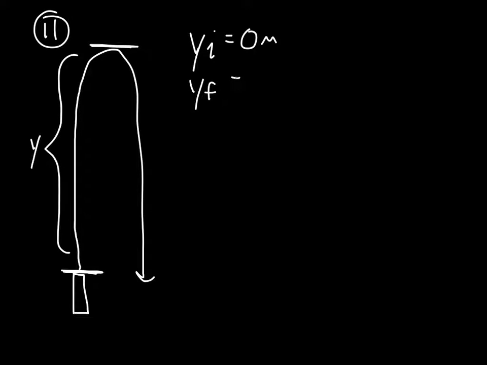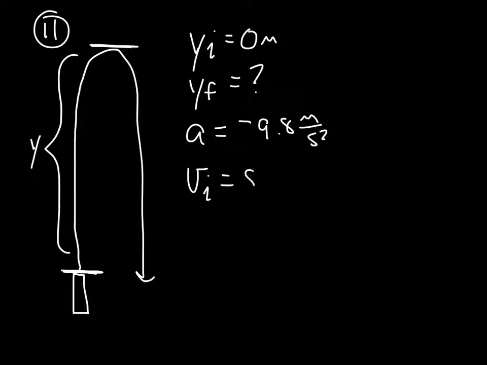Y final is equal to, we don't know. Acceleration, because this is free fall, is negative 9.8 meters per second squared. And our initial velocity is equal to 854 meters per second. Our final velocity.